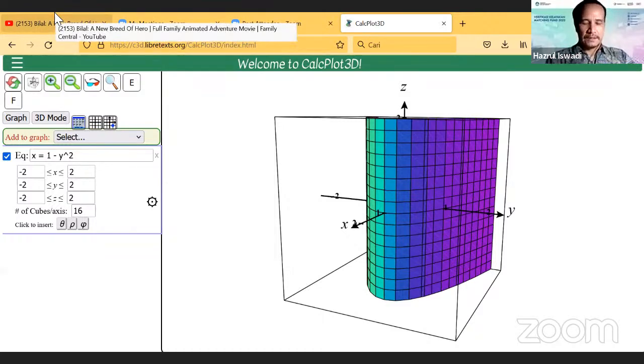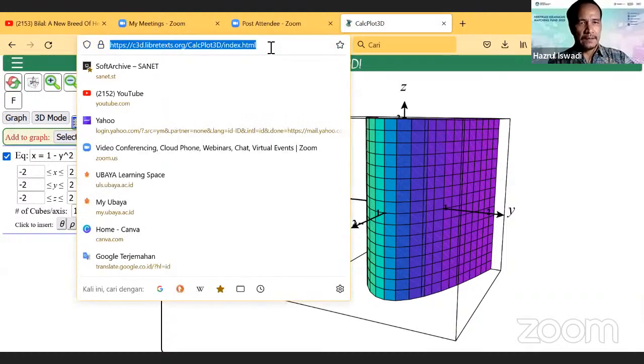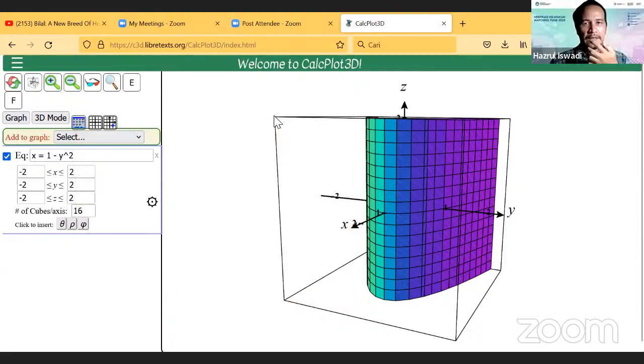There is something wrong with my mouse. What happened? It hangs. Okay. I will type it in.